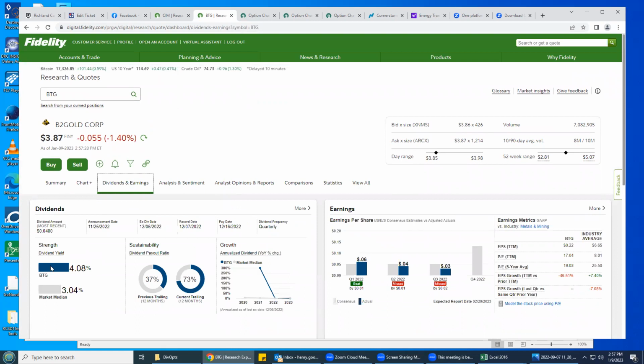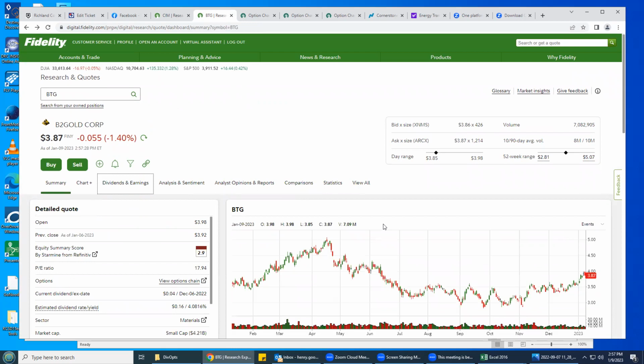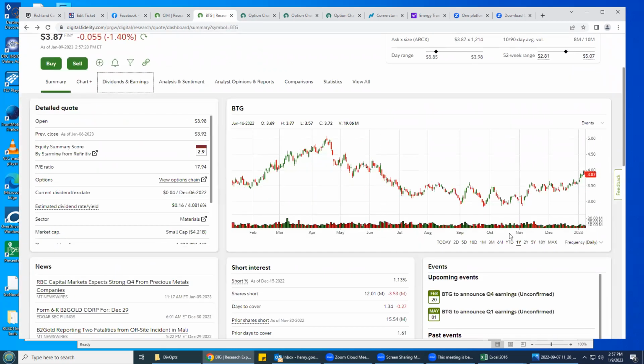So it's paying 4%. I'm assuming that's the dividend yield, which is pretty much a good dividend yield. That's right where you want to be. And this is only a 1-year chart, so you would hope that this is going back to what, $4.